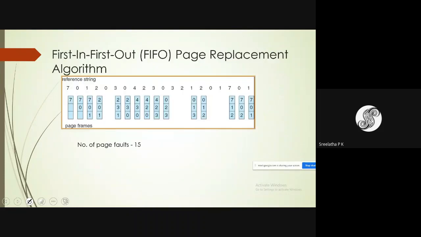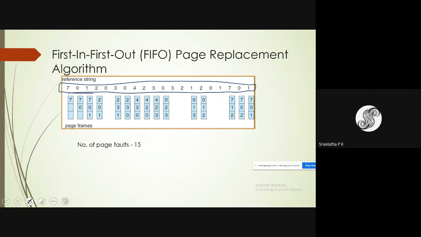This is the reference string which will be given. What is a reference string? A reference string is the string of CPU requests for the pages. It indicates how the CPU is requesting different pages.